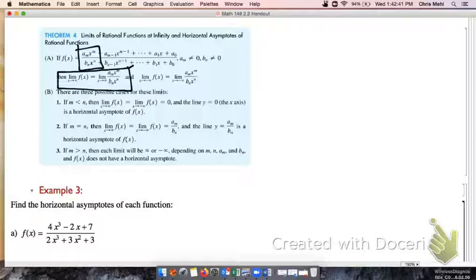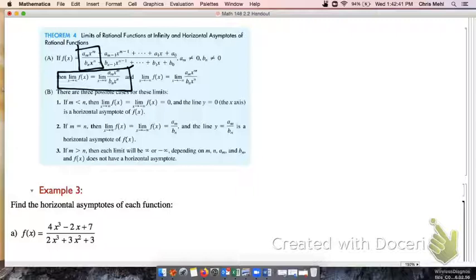So in the numerator you have a polynomial of degree m, so the highest power of x is m, and in the denominator the highest power of x is n. Well, it turns out that the limit of the rational function as you approach infinity or minus infinity is the limit of the ratio of the leading terms on top and bottom.